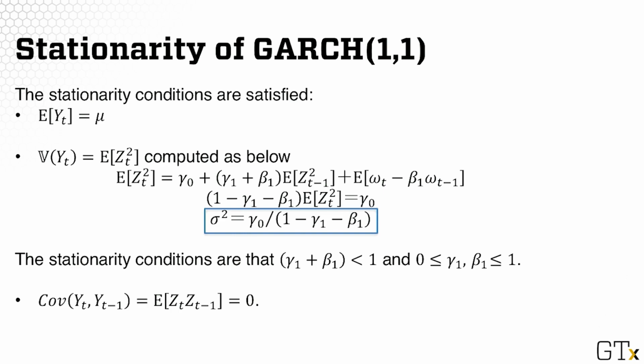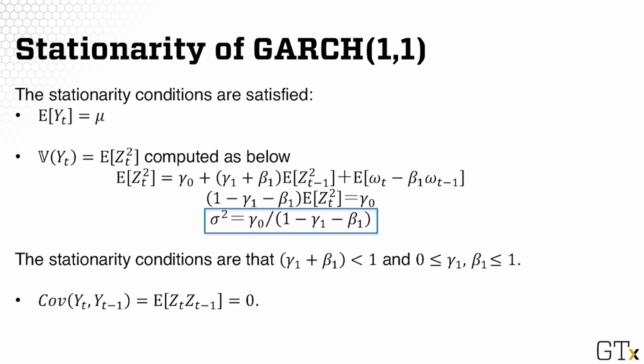For this variance to be finite and positive, as required for stationarity of Yt, we need 1 minus gamma 1 minus beta 1 to be positive, or the sum of the two coefficients to be smaller than 1, and the two coefficients are also positive. The last condition is that the covariance between Yt and Yt minus 1 is 0.